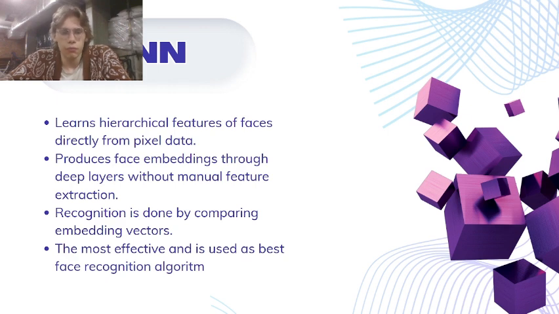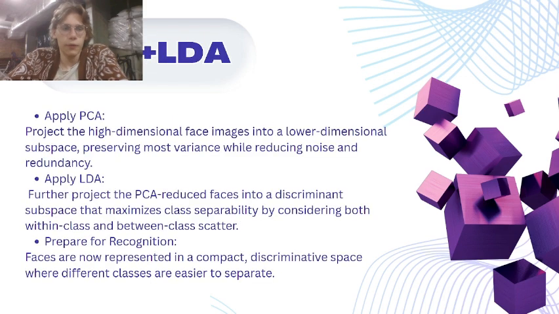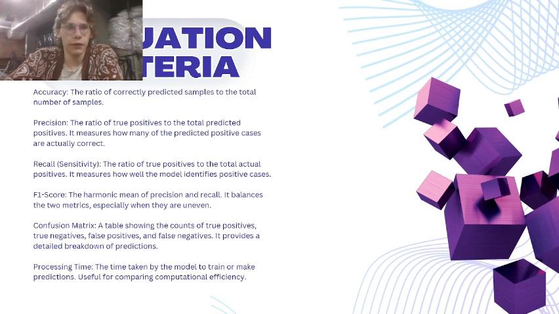Recognition is done by comparing embedding vectors, and it's the most effective and best used face recognition algorithm. So probably your phone uses it. Also, our mentor told us to try to apply PCA plus LDA. We are still fixing it, but we already have a big part of it.